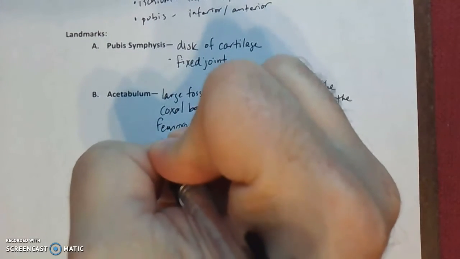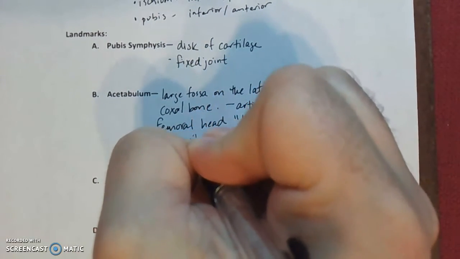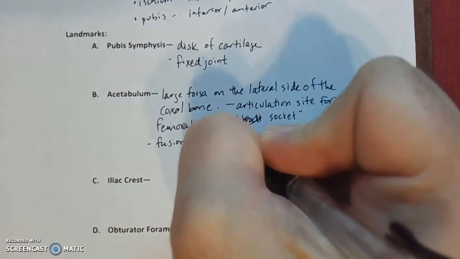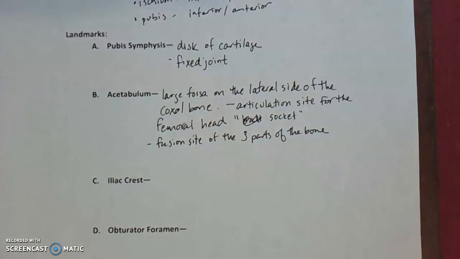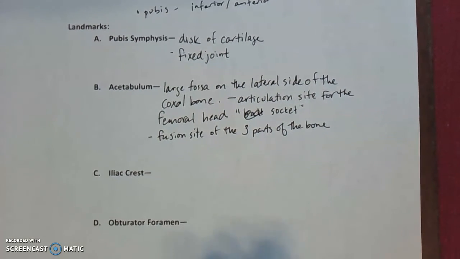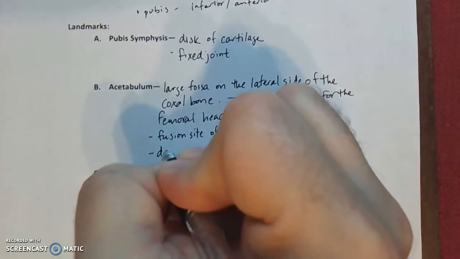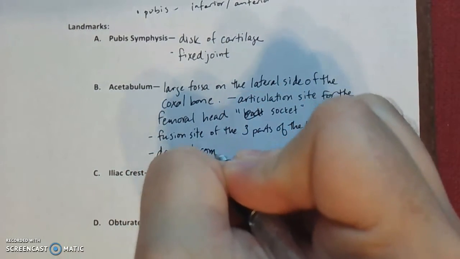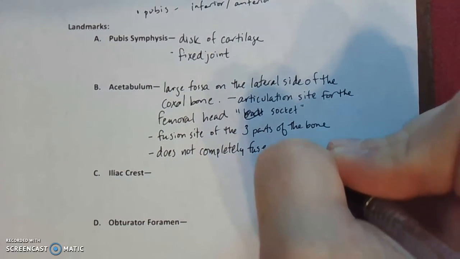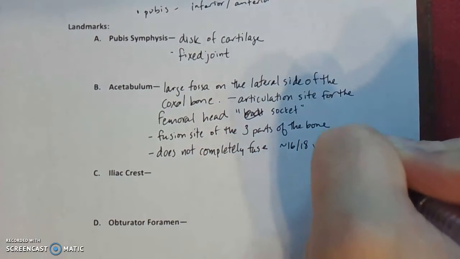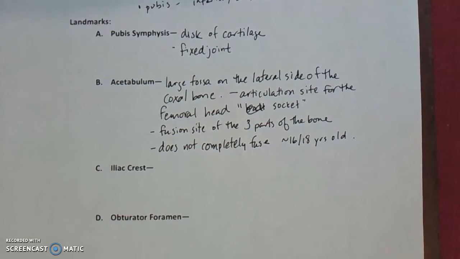This is the site of fusion of the three parts of the bone. This is where the ilium, the ischium, and the pubis actually meet and fuse, and it does not completely fuse until about 16 to 18 years old. So right now, your acetabulum is actually just finishing up fusing and solidifying properly.